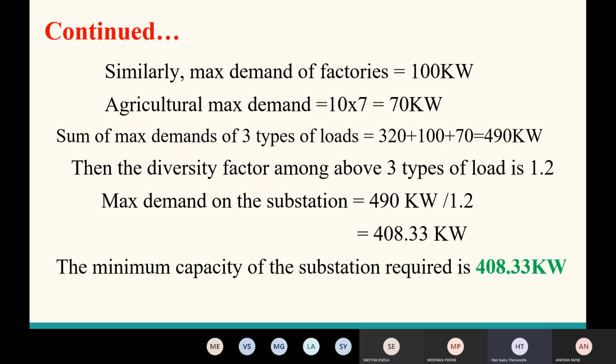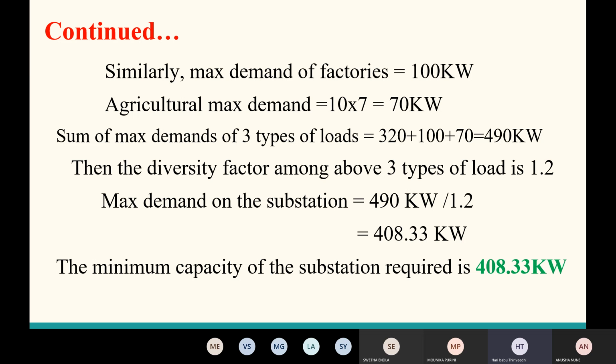So the maximum demand of the station is the sum of maximum demands divided by the diversity factor, 490 kilowatt by 1.2.